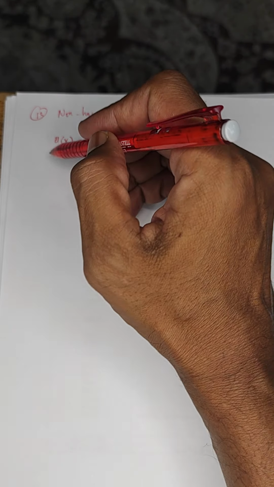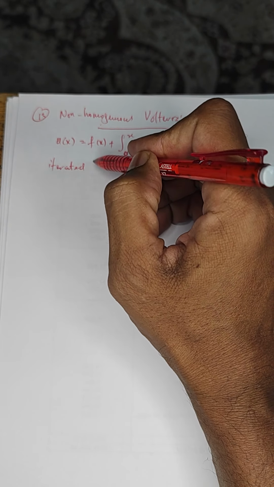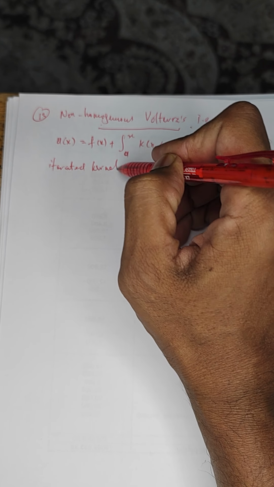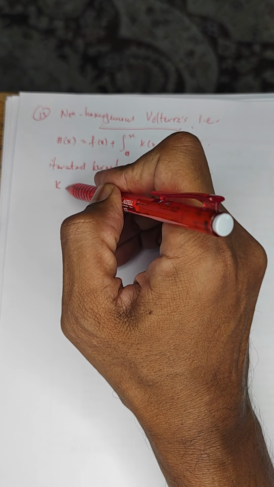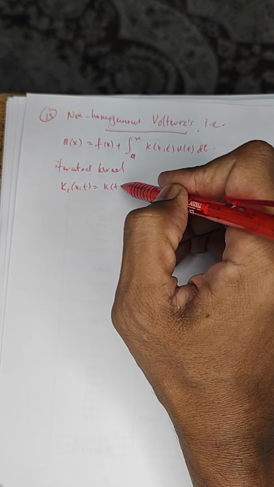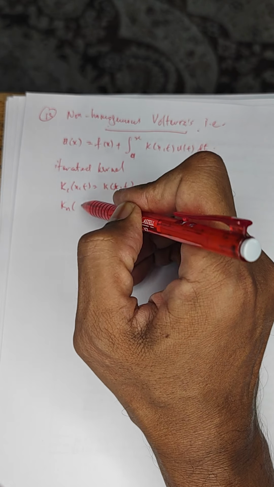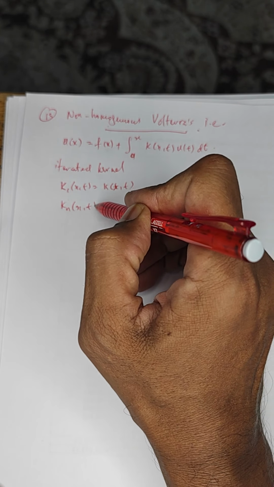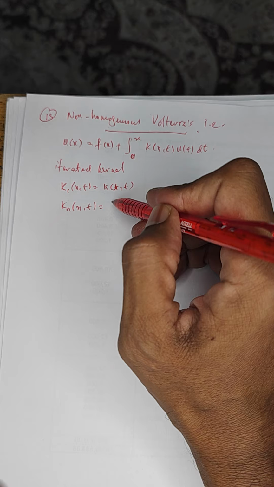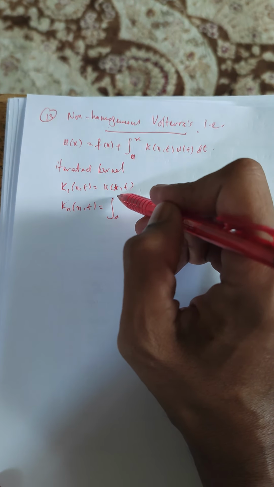And the iterated kernel, as we have seen many times: k1(x,t) is k(x,t), and kn(x,t) is defined, for the Volterra case, with limits a to x.